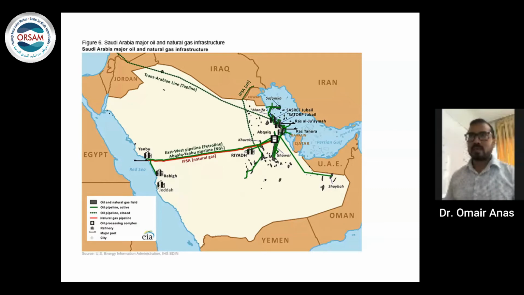You can see in this map that some pipelines have been made from the eastern part of Saudi Arabia and the emirates located there, such as Bahrain, Kuwait, and the United Arab Emirates, and of course, Iran is also exporting via pipeline. So there are pipelines and there are also sea routes being used for this purpose.